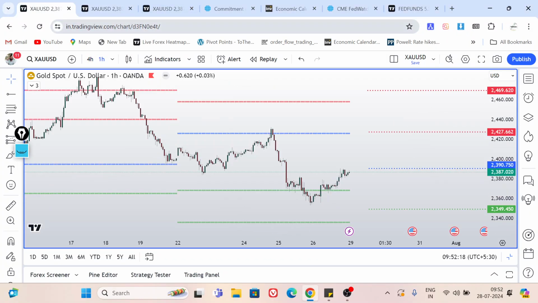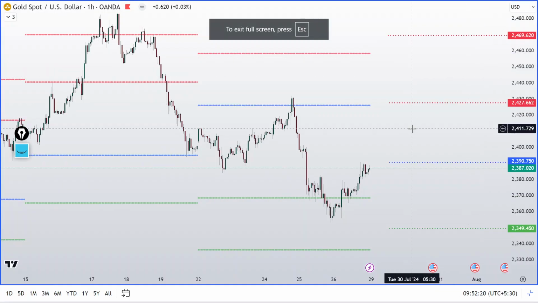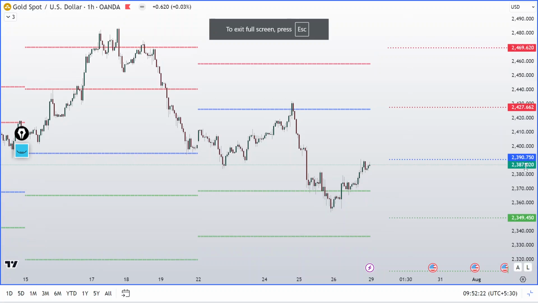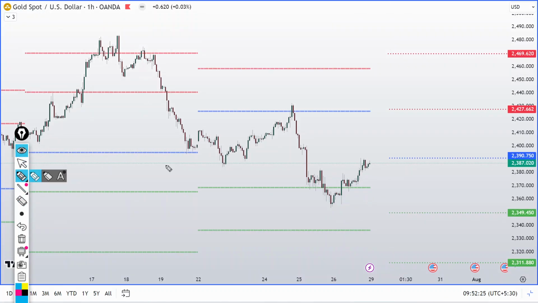If we check the pivot levels for next week, these are the pivot levels, and as per the price action, this is the weekly pivot for next week, which is forming on the downside of the previous week's pivot, which is a descending formation, and we can expect a continuation to the downside as the price closed just near 2390, which is the weekly pivot for next week.